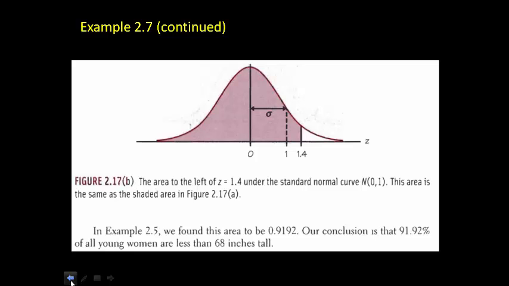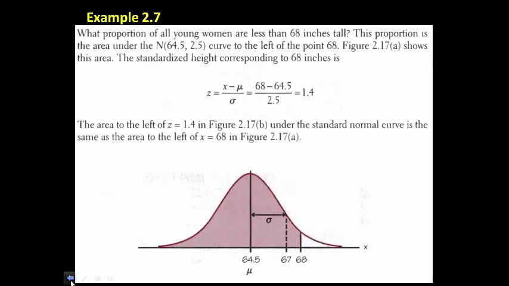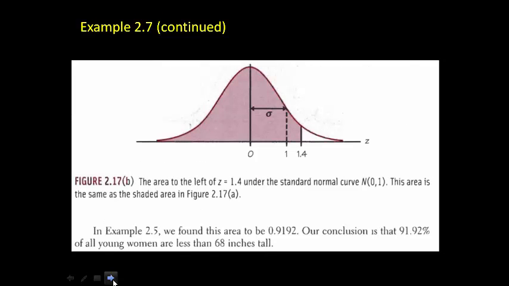In this particular case, since we've standardized it, it's 1.4 standard deviations above 0. Look back, 68 is 1.4 standard deviations above 64.5. Okay, and so it's to the left, so our area is 91.92% of all young women are less than 68 inches tall.